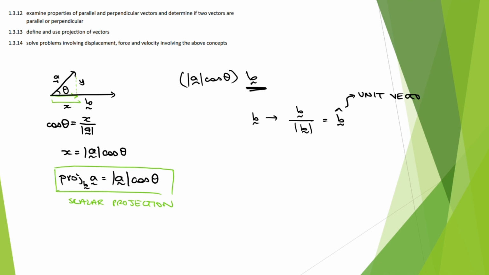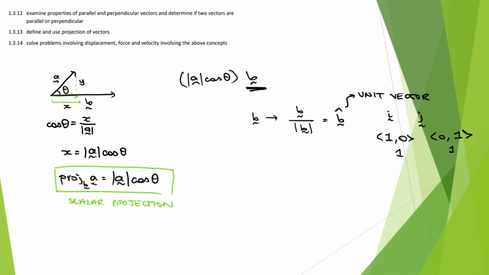Okay, and we've already dealt with unit vectors i and j, because i is a vector in the horizontal direction and j is a vector in the vertical direction. And if I consider the magnitudes of these, they're both 1. So i and j are two examples of unit vectors. Okay? If I want to find any unit vector, all I need to do is find the magnitude of my vector and divide my vector by that magnitude.